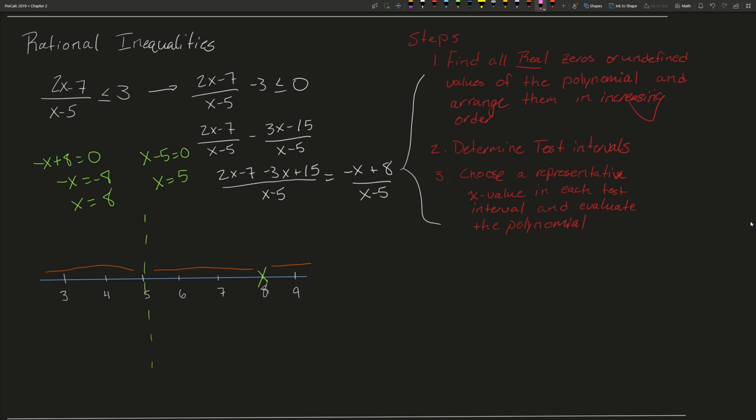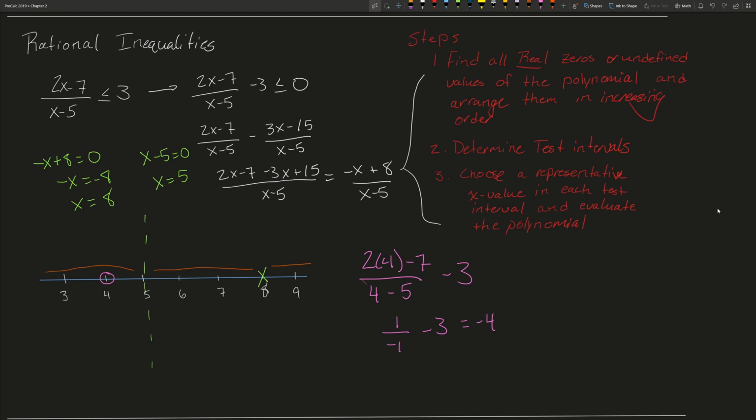So the first thing we need to do is choose something to the left of 5. So let's choose 4. When we plug in 4, we will get 2 times 4 minus 7 over 4 minus 5 minus 3, which simplifies to 1 over negative 1 minus 3, which is equal to negative 4.